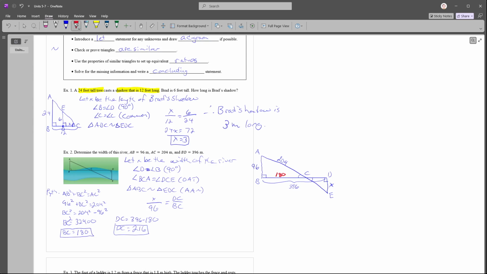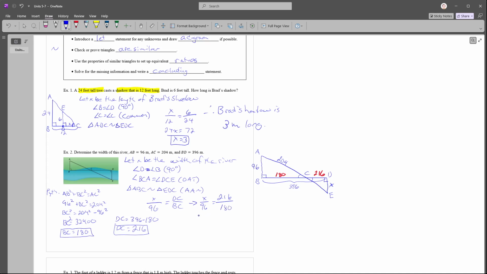So again, we have another value. Since we have the two values we're looking at, which is BC and DC, we can actually substitute those values in now. So let's move things over a little bit. I'm just going to rewrite this over here. So that means we have x over 96, which is going to be equal to our DC, which is 216, over 180.